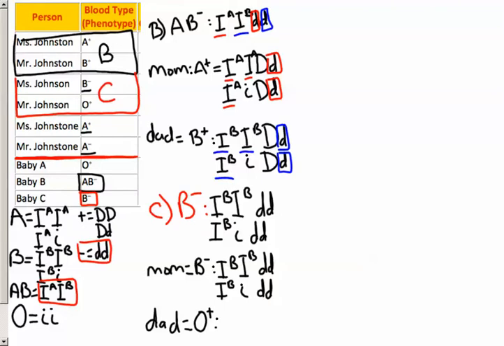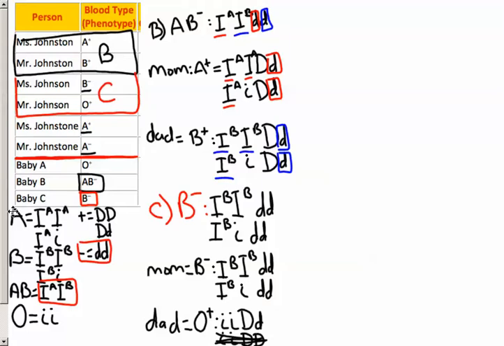So the dad would have to have little I, and he could have the allele big D, little d, or big D, big D. So, let's take a look at the baby. The baby is negative, so we know that this cannot be the dad's blood type because the baby has to get a little d from dad.